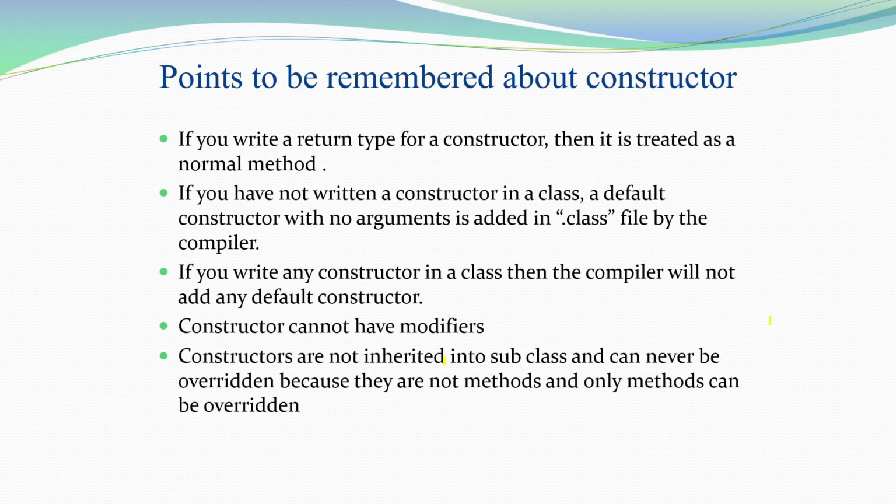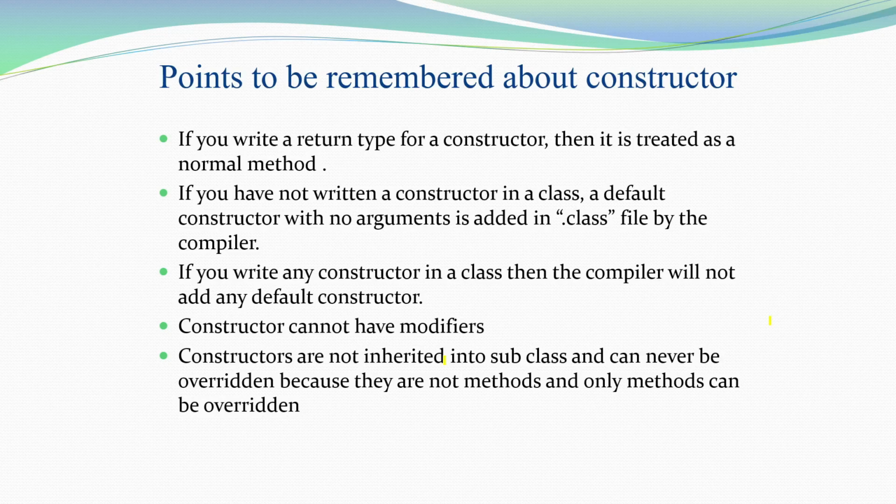Constructors cannot have modifiers like abstract, final, static, as we already saw. Constructors are not inherited into the subclass and can never be overridden, because they are not methods, and only methods can be overridden. As we have seen, constructor overloading is possible, not overriding.